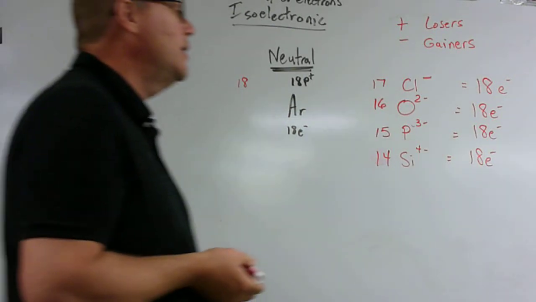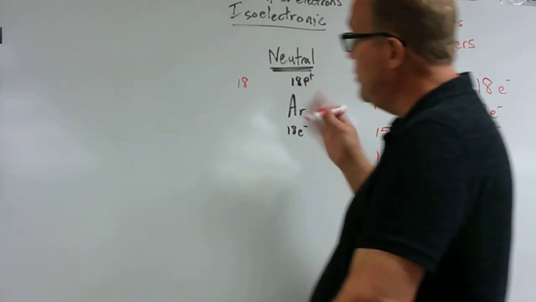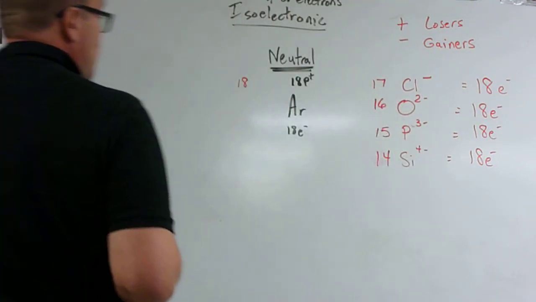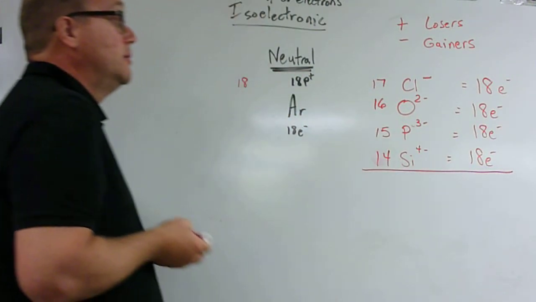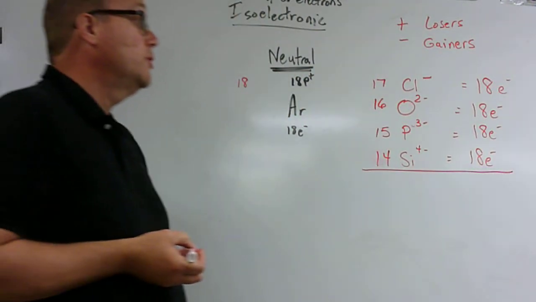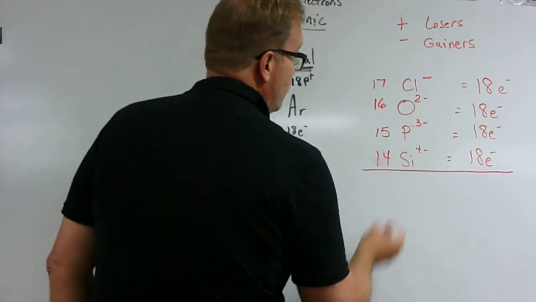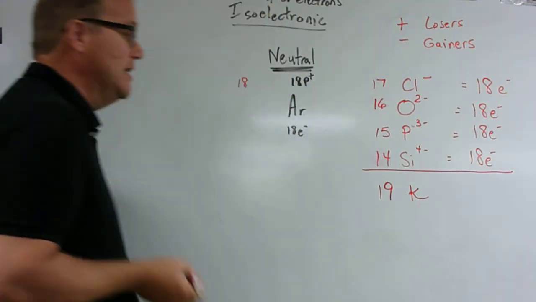Now let's figure out the ones that are going to lose electrons to get to that isoelectronic status. Then you're going to have to go one above 18. These are my negatives because they're gainers. I'm going to go to the one above 18, which is potassium, element number 19.